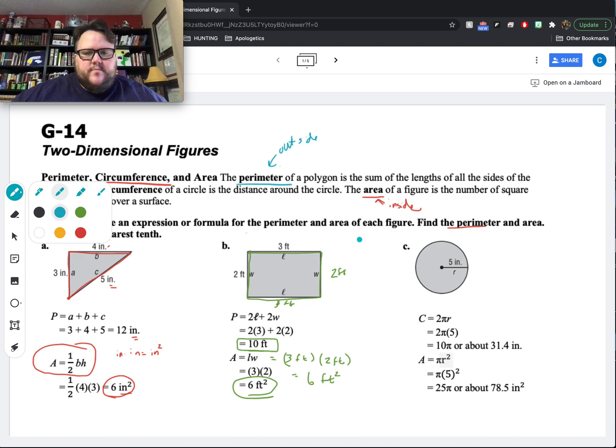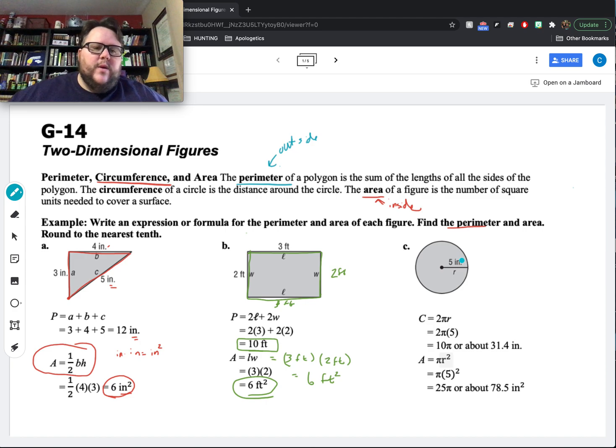Now for a circle, it's a little bit different, because we can't just walk around the outside and add it up like we do with all of our other polygons. With a circle, we have to use a formula, and the circumference C, which is the perimeter of a circle, equals 2 pi r.